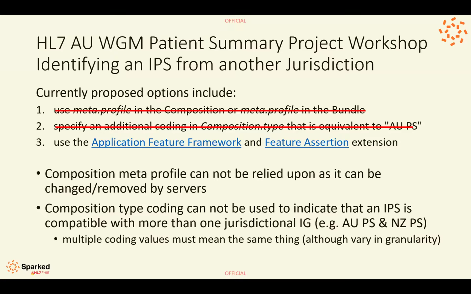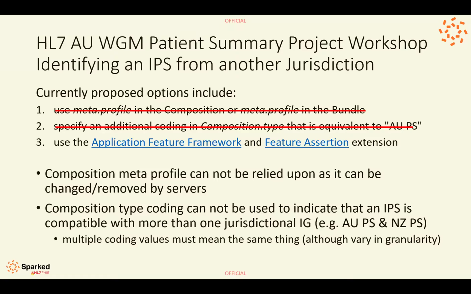Someone brought up the idea of what happens if we wanted to actually assert that this IPS is aligned with both the AU patient summary and, say, a New Zealand patient summary or a US patient summary. As a result, we did not feel that that was appropriate, because based on best practice of coding values, you cannot have multiple codings within a single type of value that means something different.